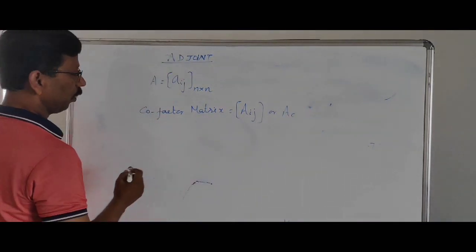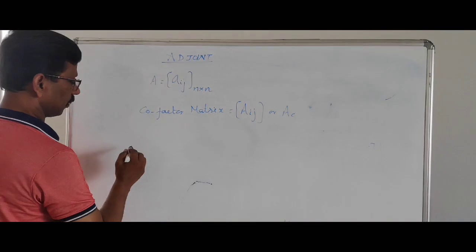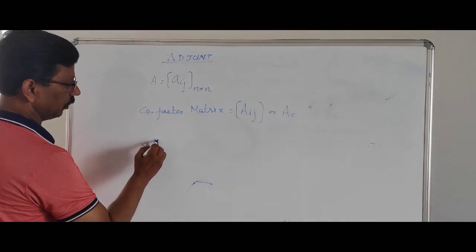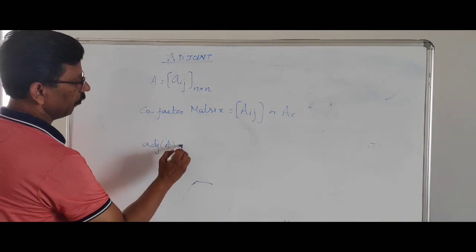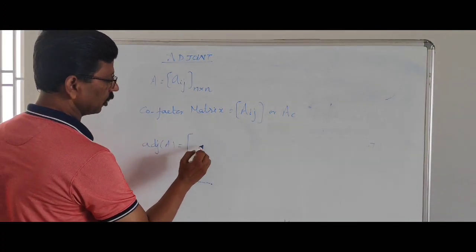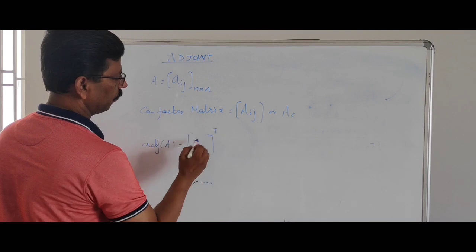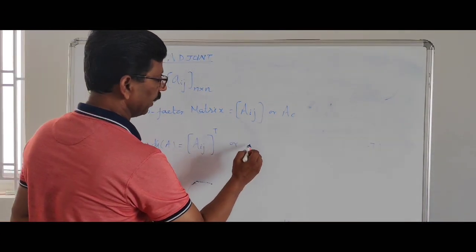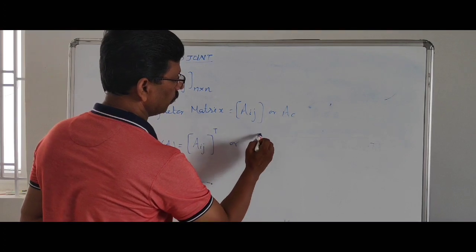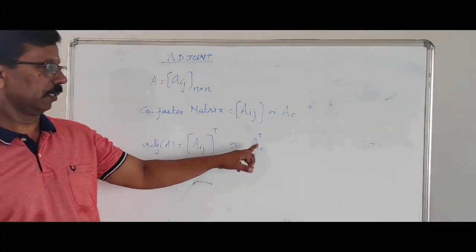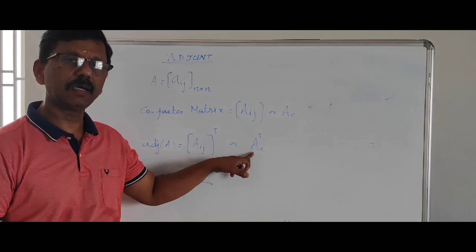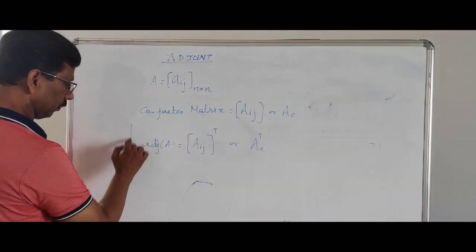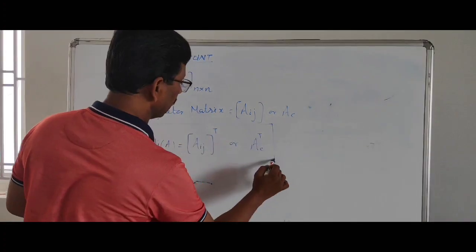Now we have to find the adjoint of this matrix. The adjoint of the matrix, denoted by Adj A, is nothing but the transpose of the cofactor matrix, or you can write this as ACT. This is the formula we need to find the adjoint of a matrix.